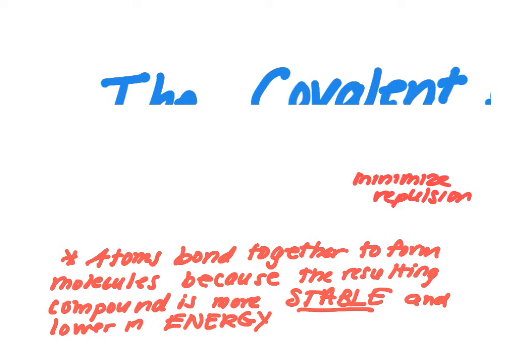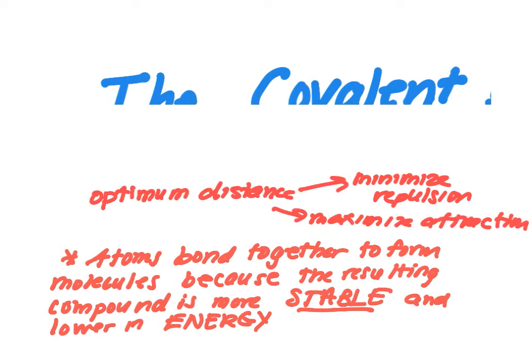And this is going to give you the internuclear distance where these forces are optimized, and that's going to correspond to the bond length. So again, the bond length is the optimum internuclear distance. This is where electron repulsion is minimized and the attractive forces of the electrons to the individual nuclei are maximized.